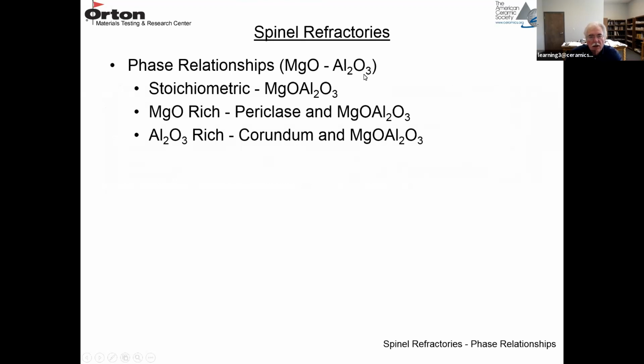The MgO Al2O3 phase diagram: if it's spinel and it's stoichiometric, it's MgO Al2O3. It can be rich in MgO. So in that case, you're going to have periclase, which is MgO, and the spinel phase, or it can be rich in alumina. And in that case, you'll have corundum, which is Al2O3, and then your spinel phase.